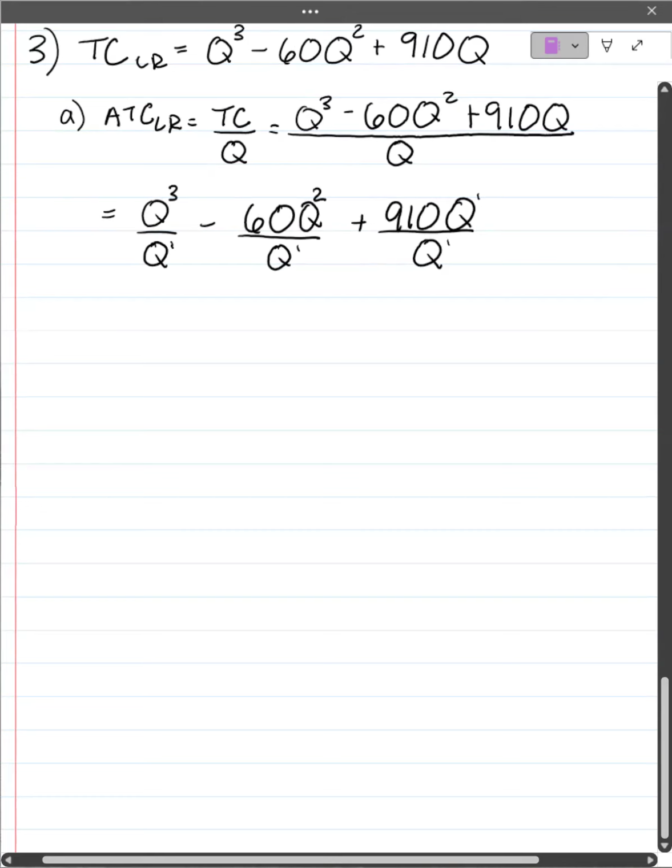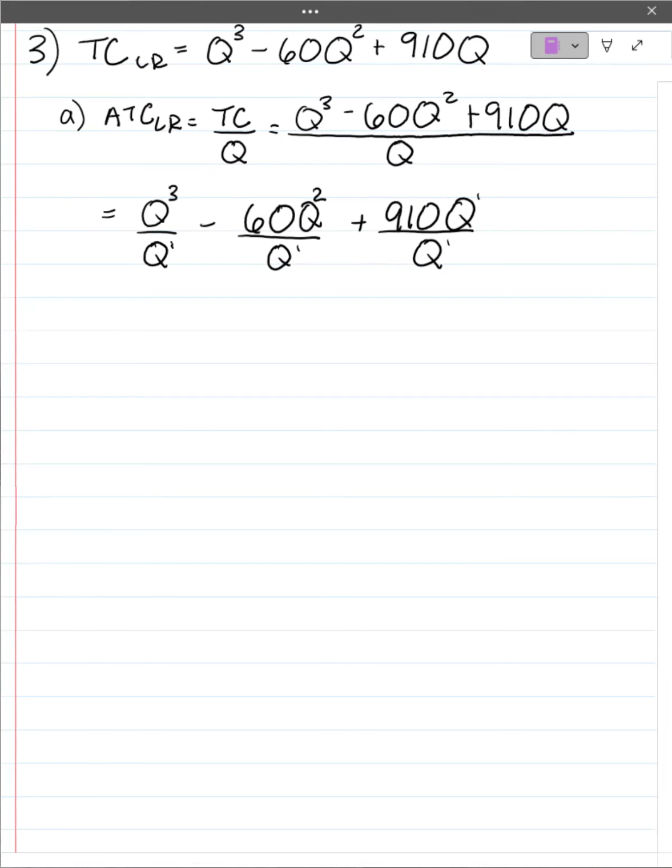And when we have the same base in both the numerator and the denominator of the fraction, we can subtract the exponent on the variable in the denominator from the exponent on the variable in the numerator. So that's going to get us quantity to the 3 power minus 1 minus 60 times quantity to the 2 power minus 1 plus 910 times quantity to the 1 power minus 1.